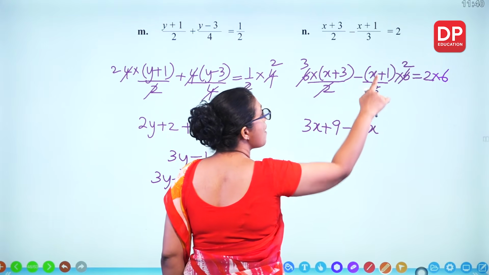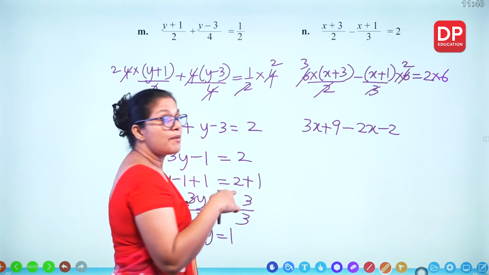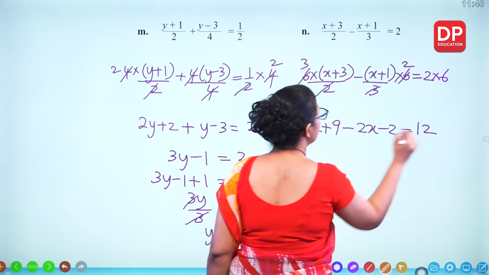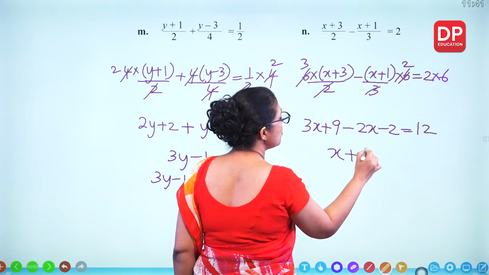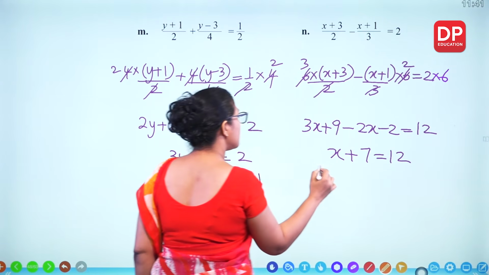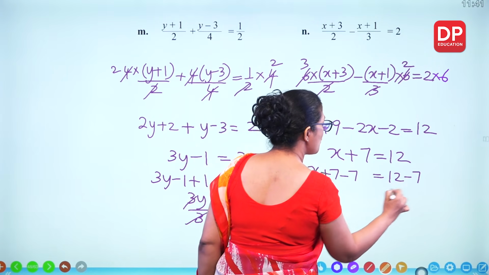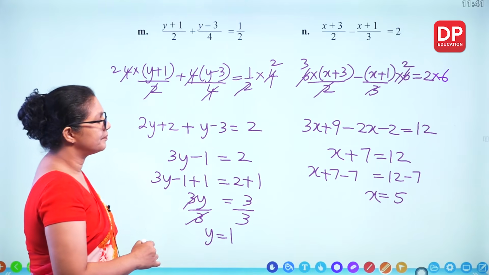Minus 2x minus 2. You have to multiply by minus sign. Is equal to 12. 3x minus 2x is x. 9 minus 2, 7. Now subtract 7 from both sides. You get answer 5 for x.